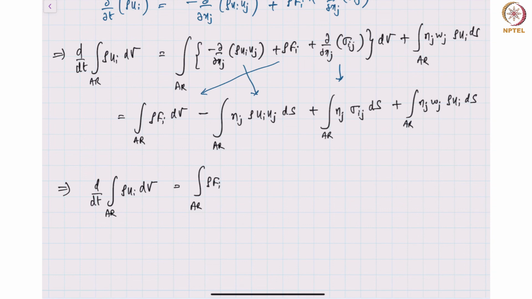The body force term is a volume integral. I can combine the second and the fourth terms on the right hand side.